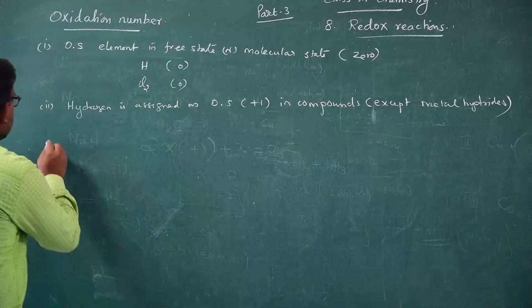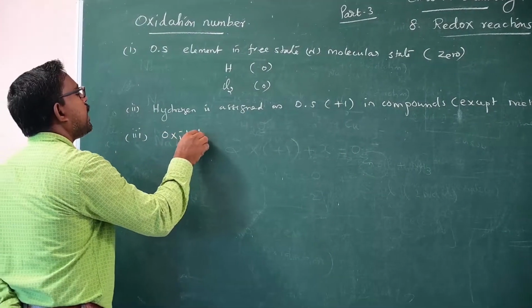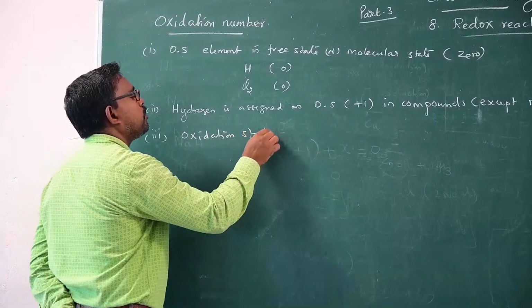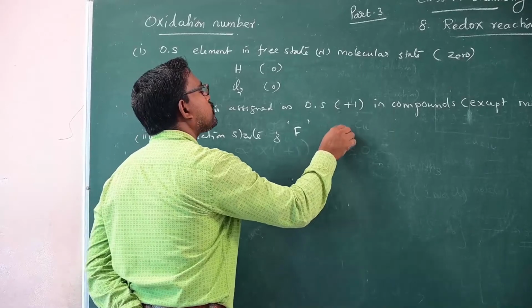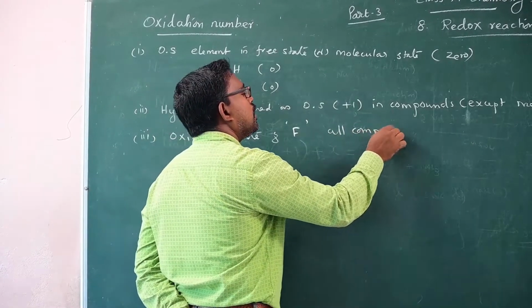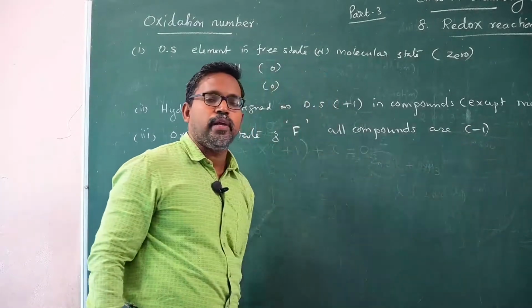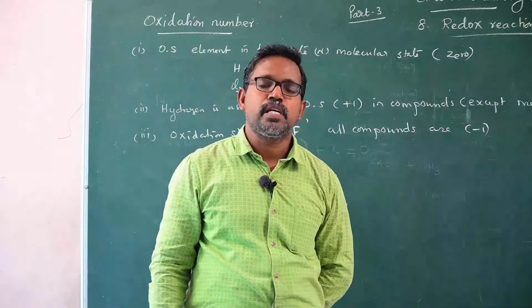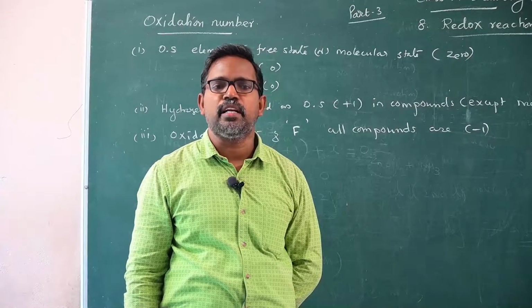The oxidation state of fluorine in all compounds is -1. We know that fluorine is the most electronegative element, which belongs to group number 17.